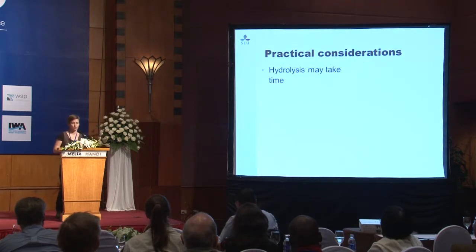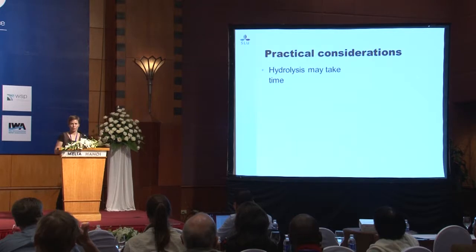And some practical considerations. In this study, the pathogens were added to the material after the urea was hydrolyzed. In such a material, where you have a quite diluted toilet waste, the presence of these urease enzymes is low, so it may take a time before the urea has degraded.